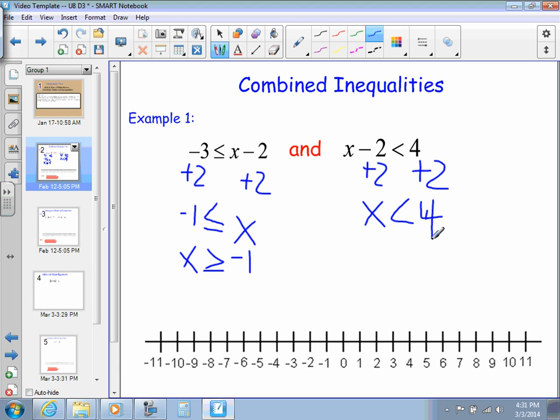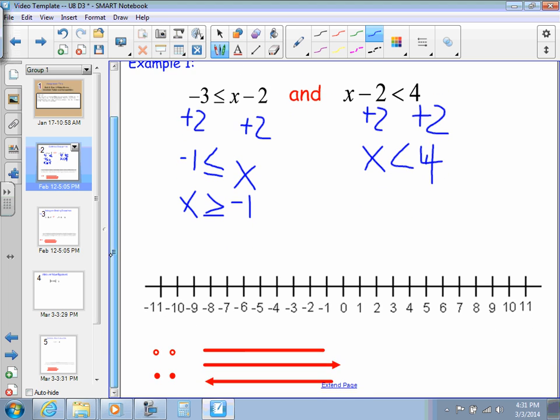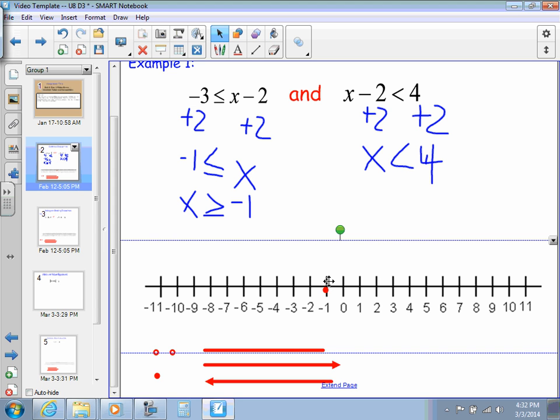Okay, so let's go ahead and take a look at what this looks like. Let's look at the one on the left to start with. And being less than or equal to, it does include the -1. So I'm going to use one of these solid dots on -1 to show that the -1 is included, and I'm not quite where I want to be.